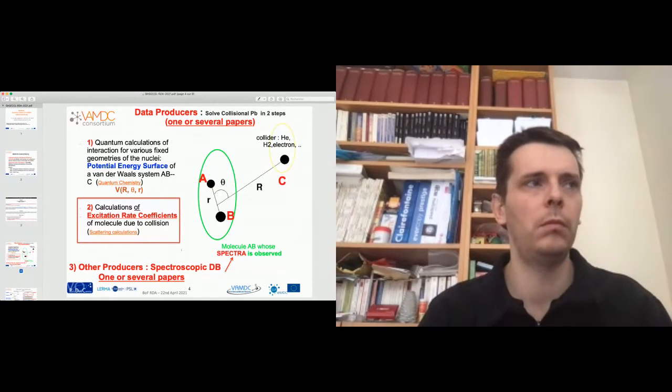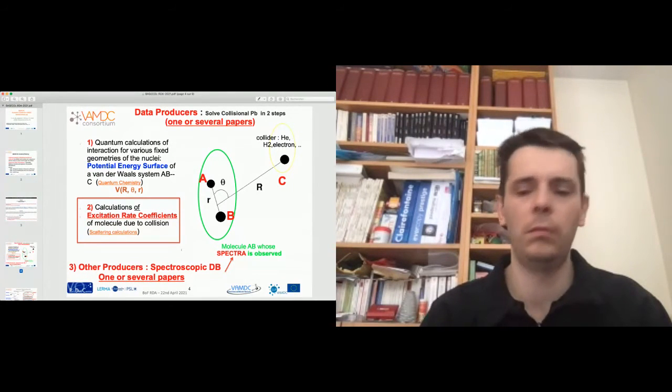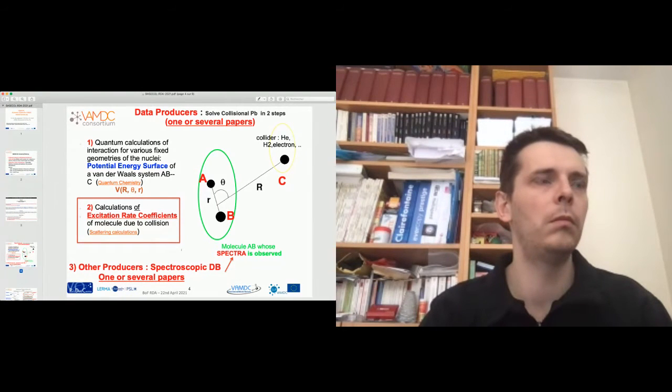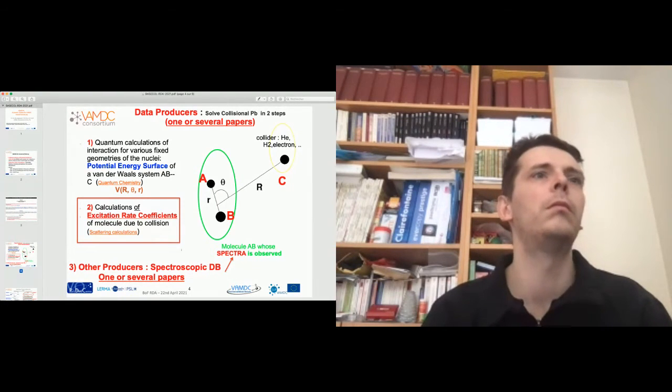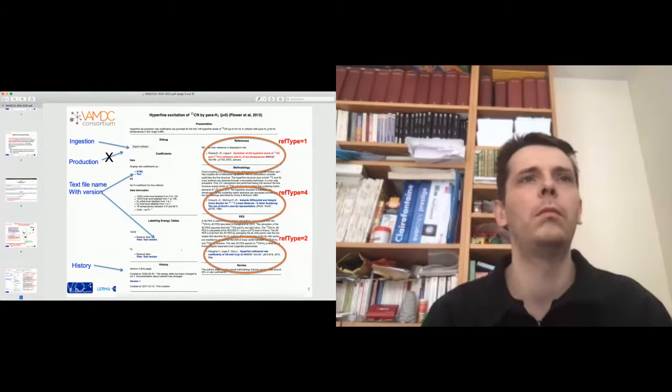But to do those calculations, they also use other kinds of data, which are spectra, and those spectra can be found in spectroscopic databases. And everything here can be obtained through one or several papers. Next. And so this is reflected in what we call the collisional dataset that the user is going to use.